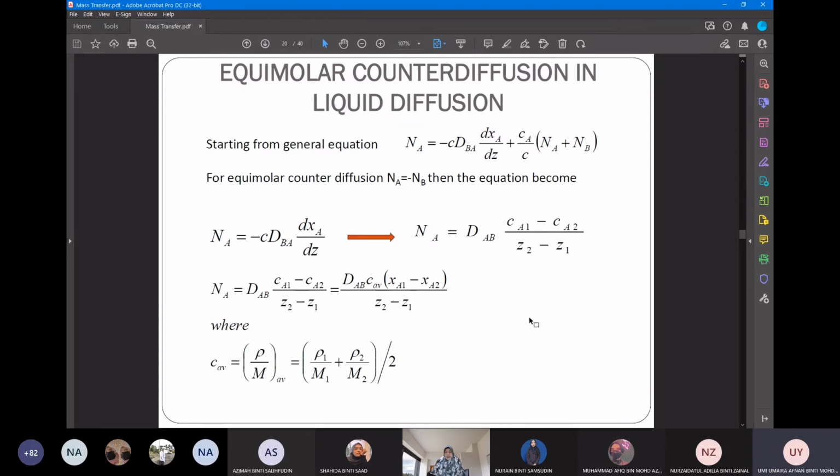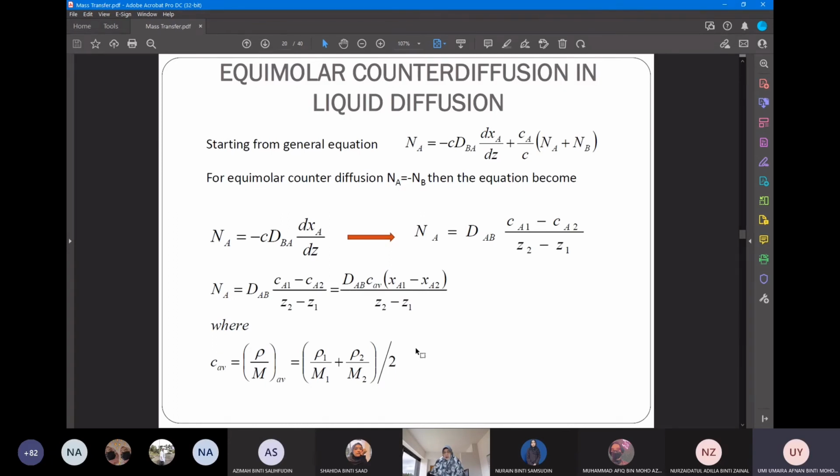This is repeating, but we are talking about liquid diffusion, equimolar counter diffusion, and liquid diffusion. These are the equations that you have to deal with.